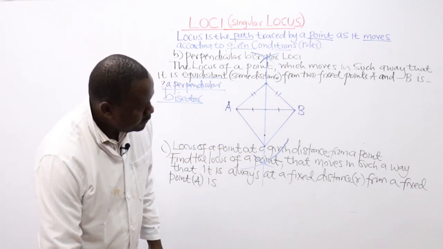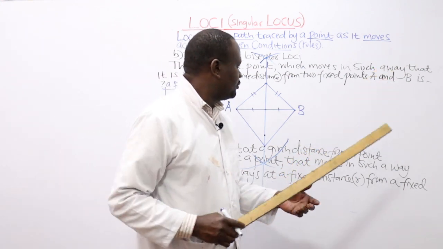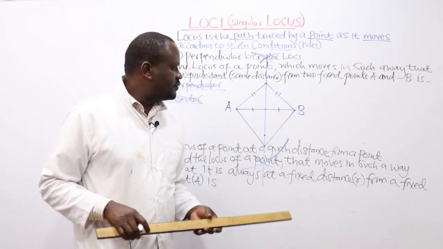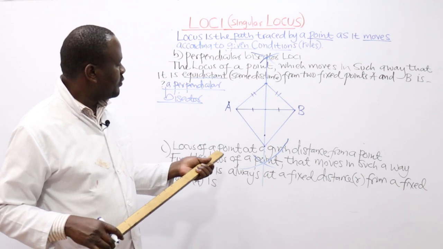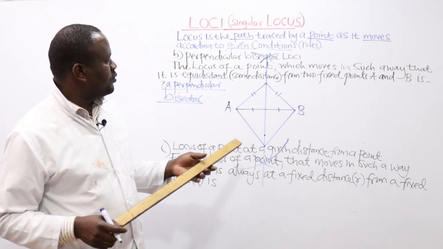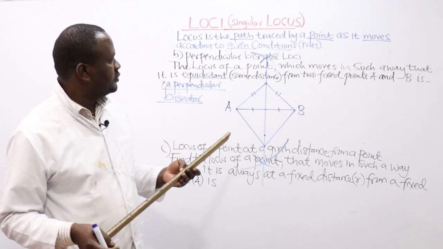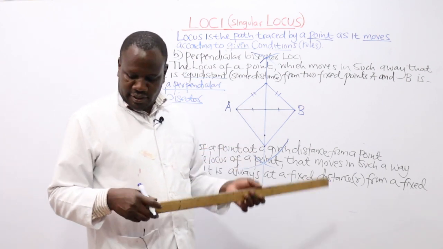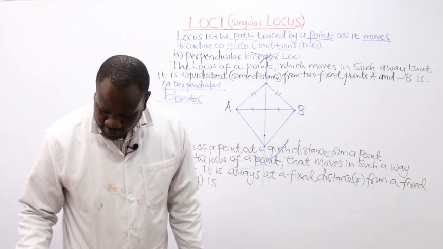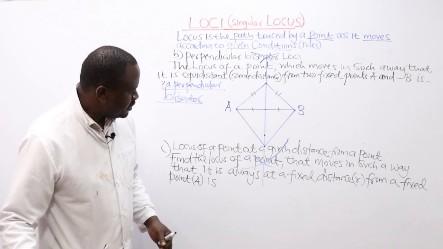So when you are told in a triangle, there is a point that moves such that it is between the 2 points P and Q, it is a perpendicular bisector. So let's look at point C.